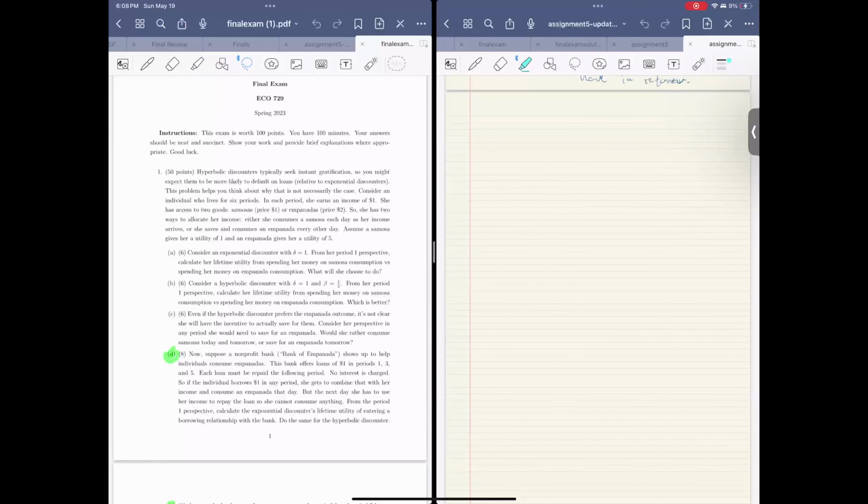So she has two ways to allocate her income: either she consumes samosa each day as her income arrives, or she saves and consumes an empanada every other day. Assume a samosa gives her a utility of 1 and an empanada gives her a utility of 5.